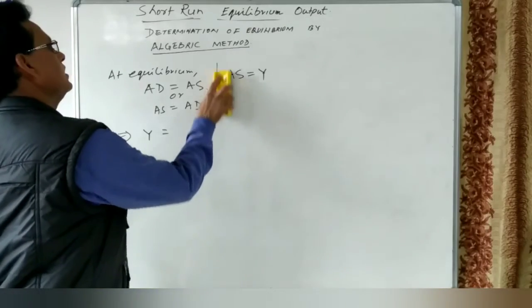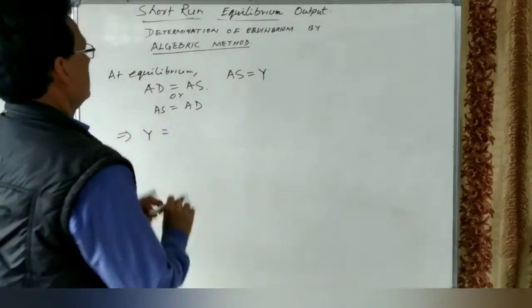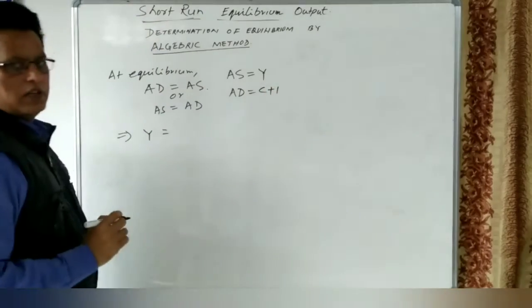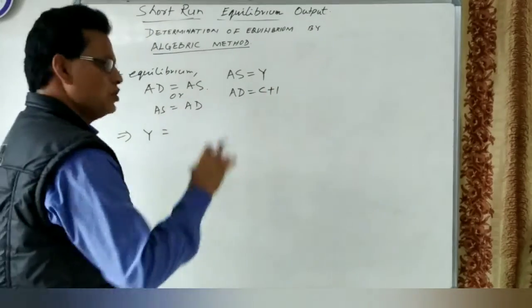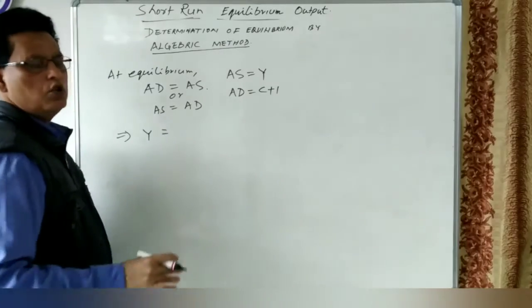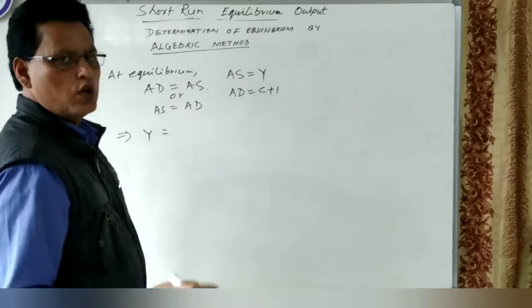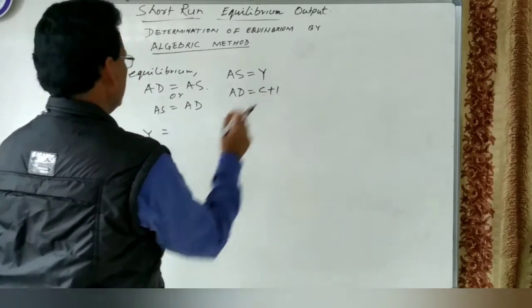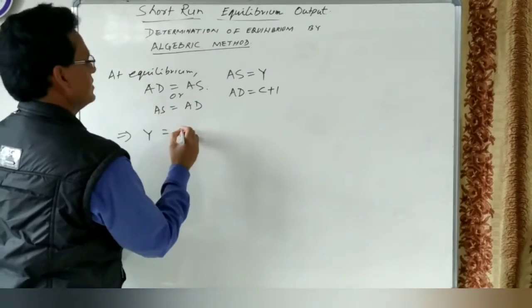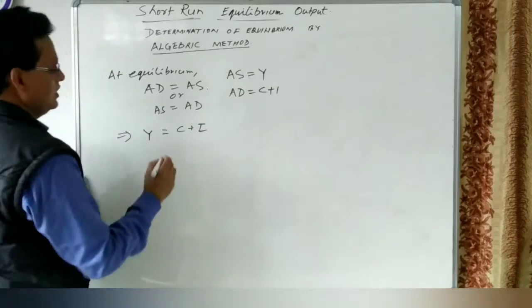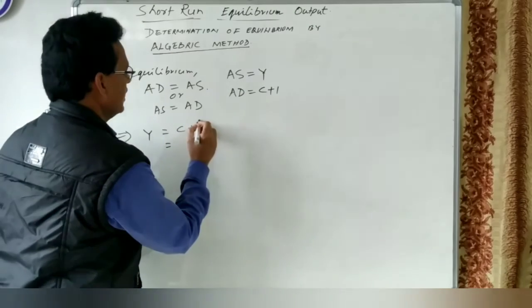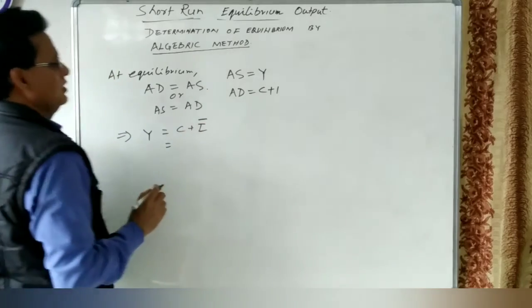Aggregate demand is the sum of consumption demand and investment demand, the demand for goods and services made in the economy either by households or by firms, for consumption or for investment. So we can write C plus I. C means consumption, I means investment. This is autonomous investment; we can write I bar also.